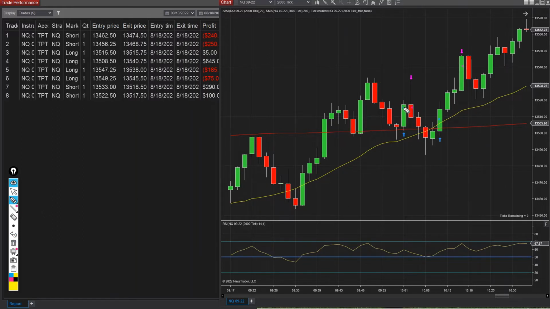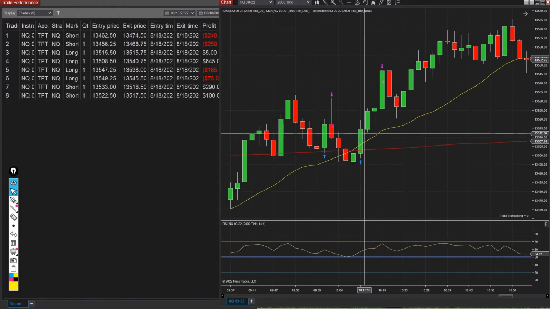I decided to go long because it broke over this red bar and is above the 20 moving average and is above the 50 on the RSI. So it pushed all the way up to this previous high right here before it flushed back down, and I stopped out for a $5 trade. So that's trade number 3.